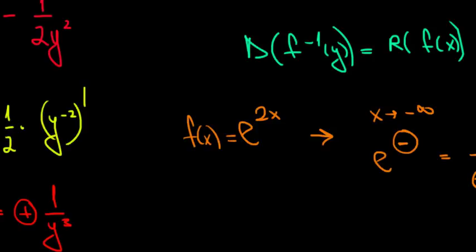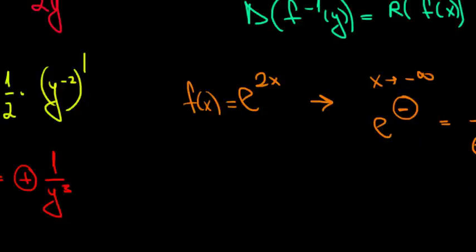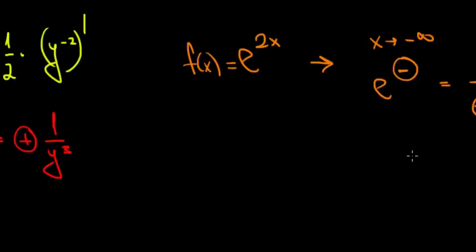But it never touches 0. It only approaches 0. So if x takes negative values, the result approaches 0. But if x takes positive values, the result becomes very large, because with x approaching positive infinity, e to the power of 2x would also approach positive infinity.